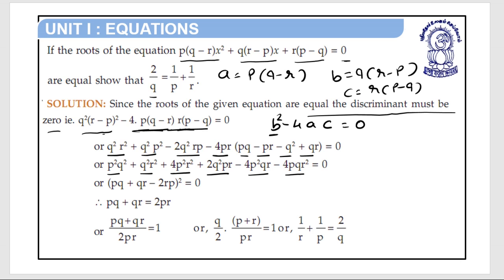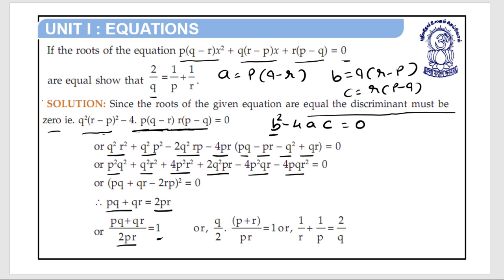Here (pq plus qr minus 2rp) whole square is equal to 0. So pq plus qr is equal to 2pr.